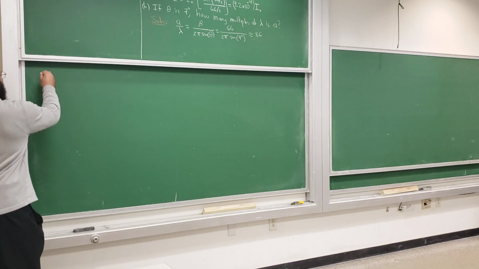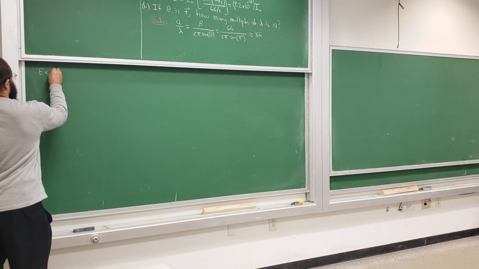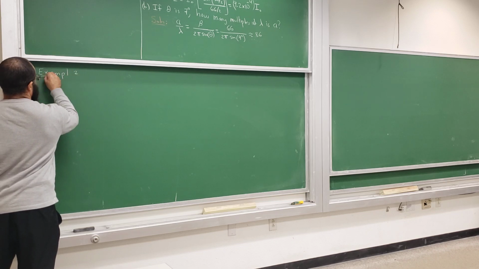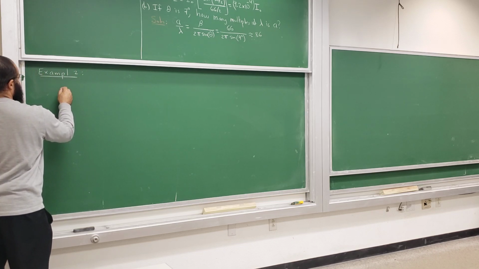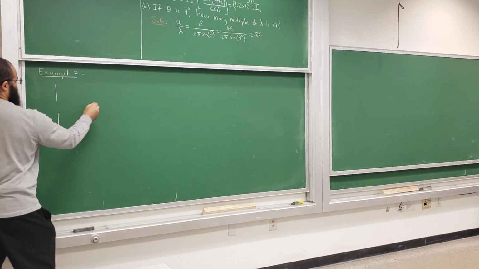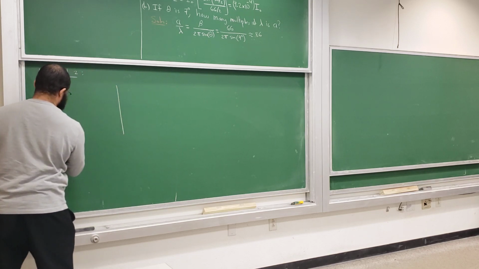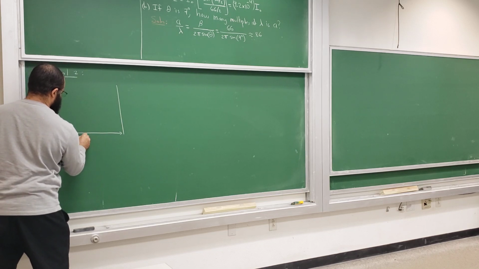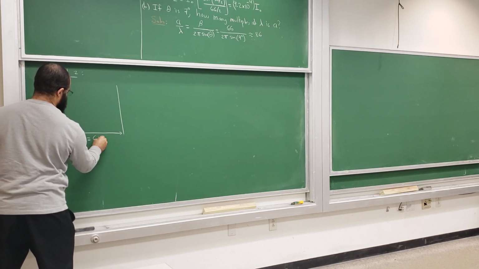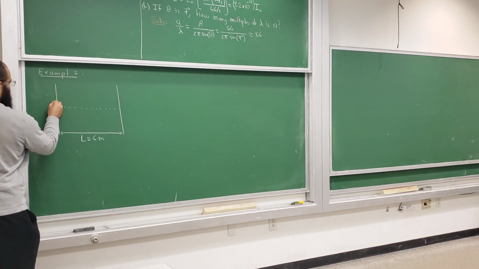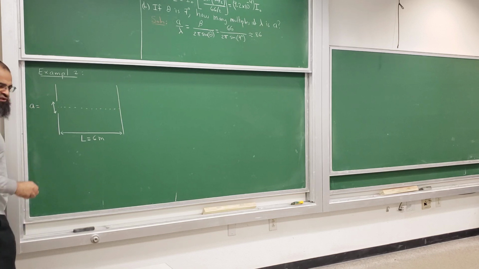The second example. Let's consider the following situation. We have a screen. The screen is a distance L equal to 6 meters from the slit. Here's the middle.